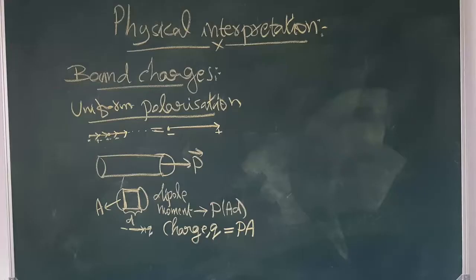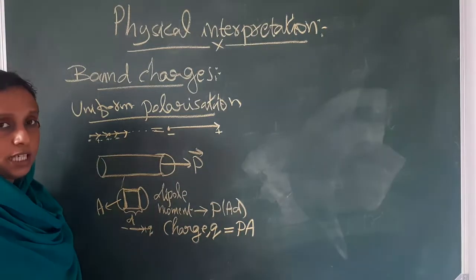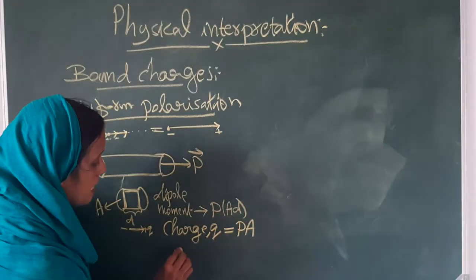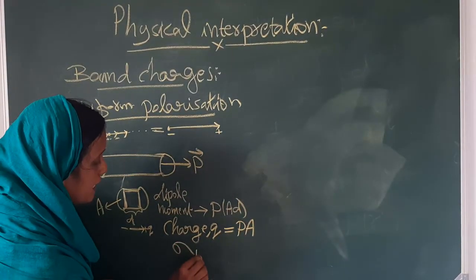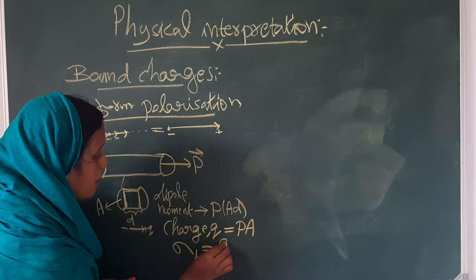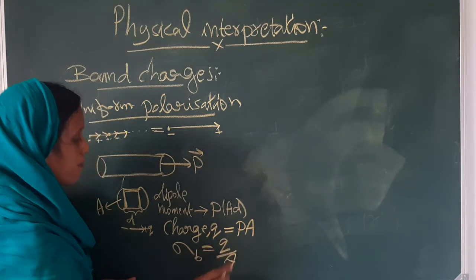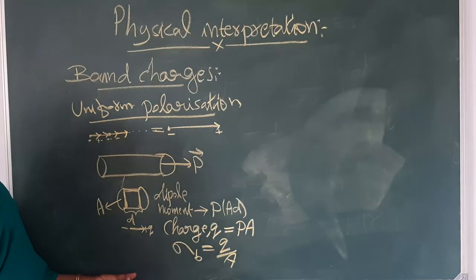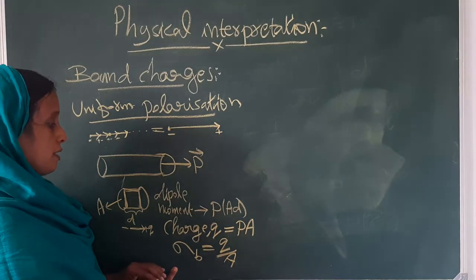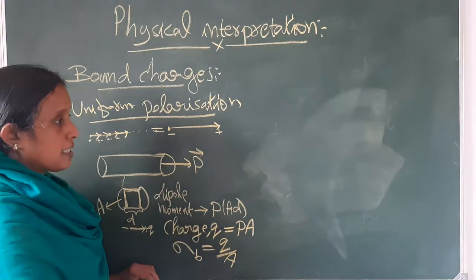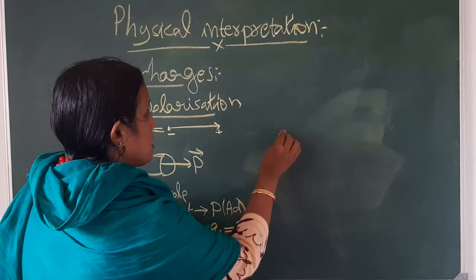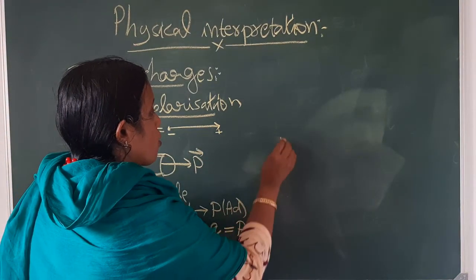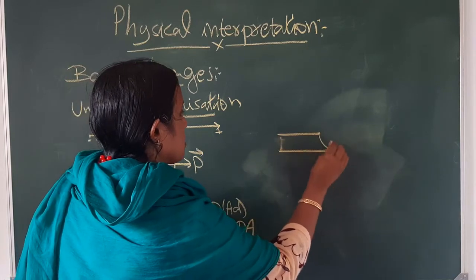Now suppose that, in the case of this chunk or piece of the dielectric, the bound surface charge density sigma_b is given by Q by A. This is the bound charge on this chunk of dielectric. Now suppose this chunk is cut at a slight slant. That means we take a piece of this chunk like this.